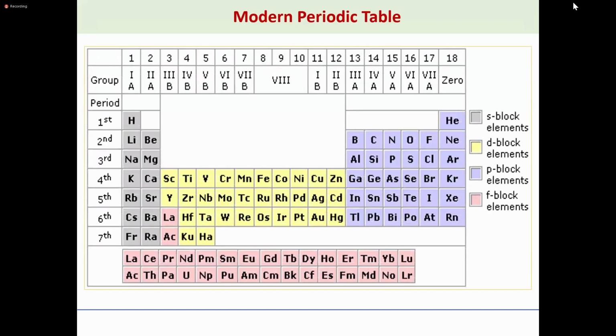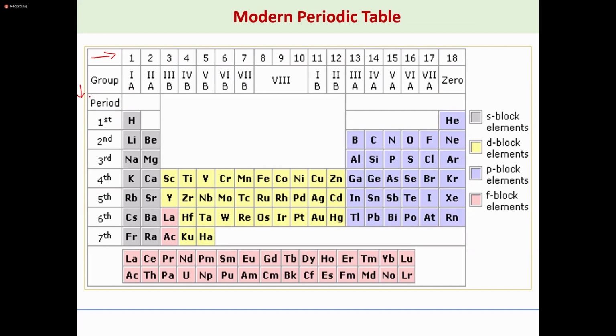So the title is the modern periodic table. In this modern periodic table, we can see there are groups and periods.